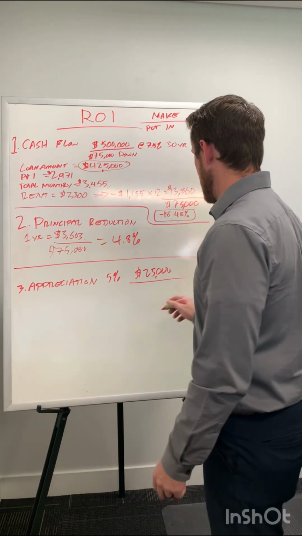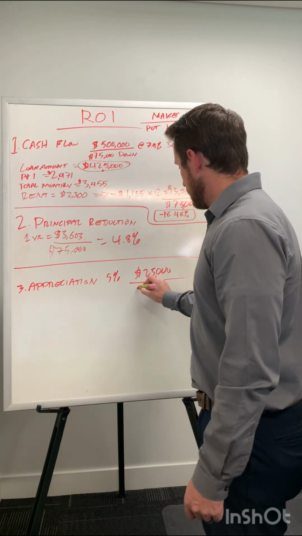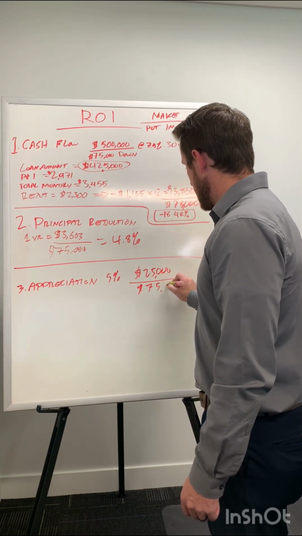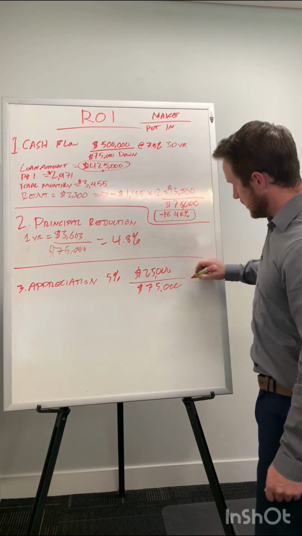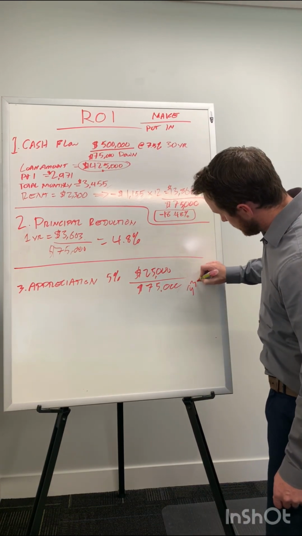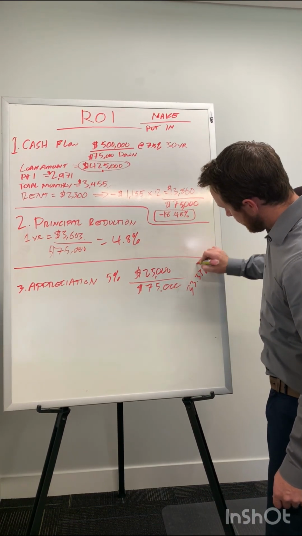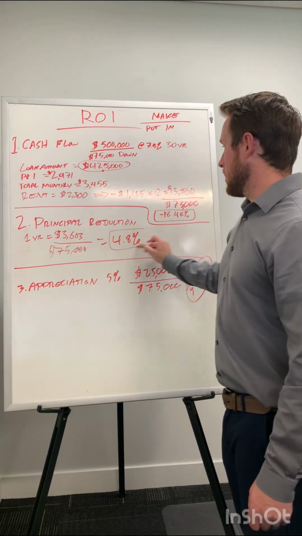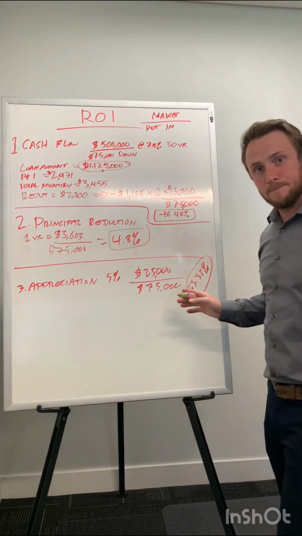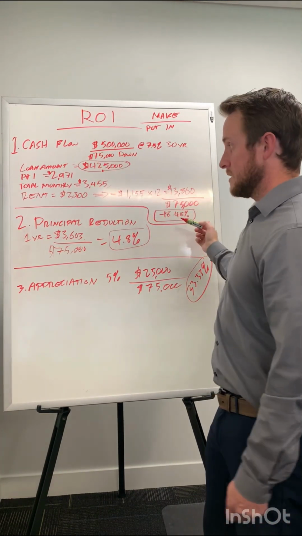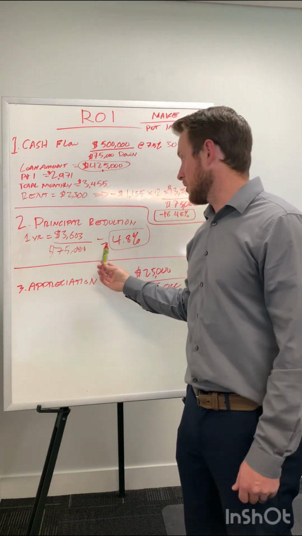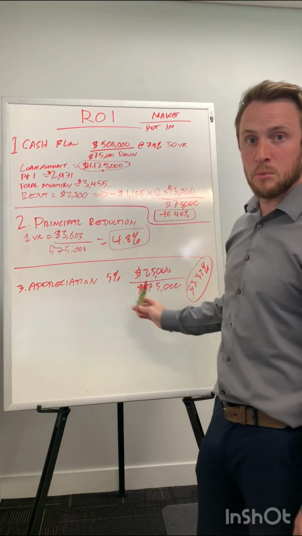We'll stick with 5 for now, the average. And you divide that out by $75,000 and you get 33.3%.